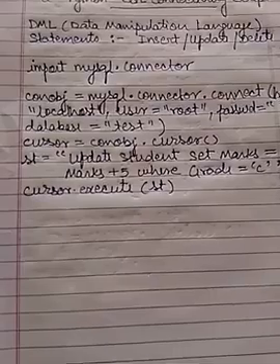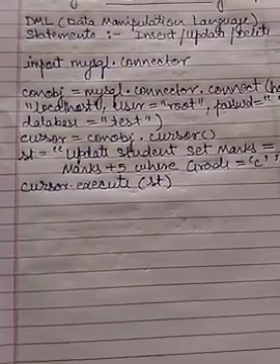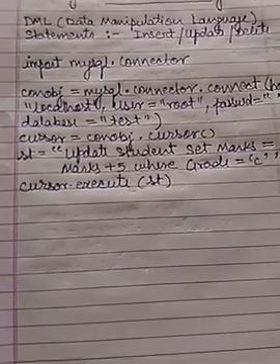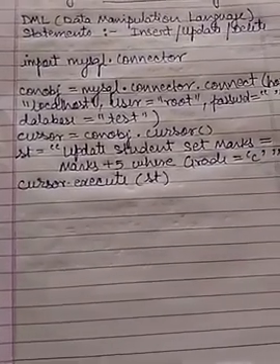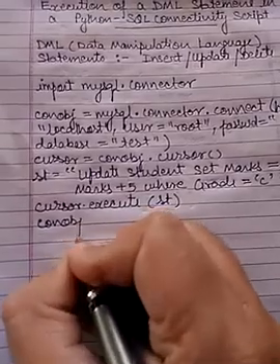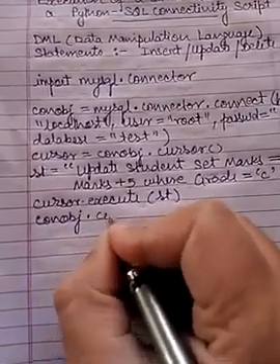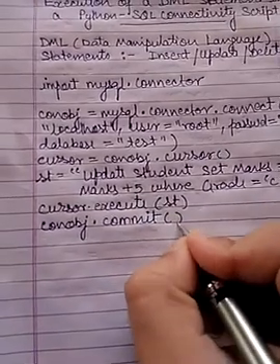But remember one thing, commit statement must be called with the connection object. Remember that commit statement is called with the connection object. So connection object dot commit.